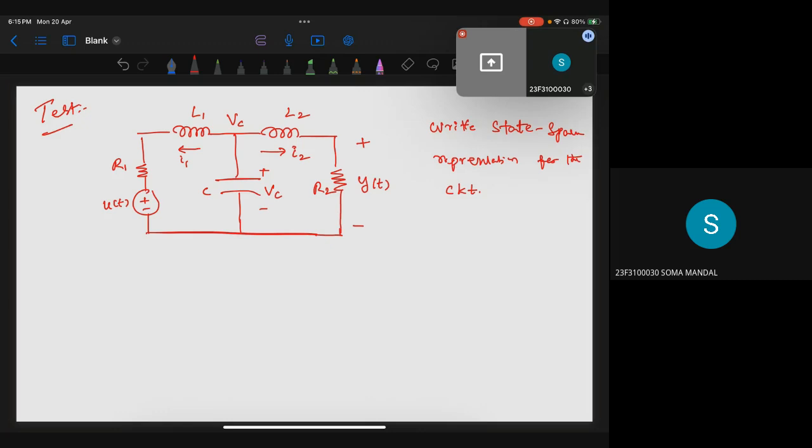State space representation means this form only: x dot is equal to Ax plus Bu, y is equal to Cx plus Du.